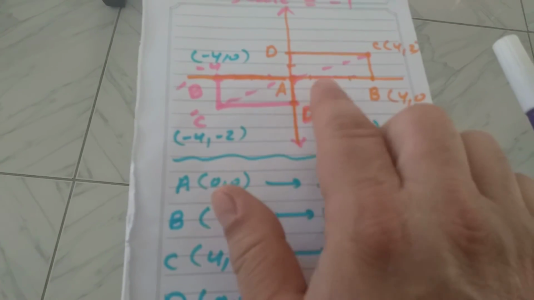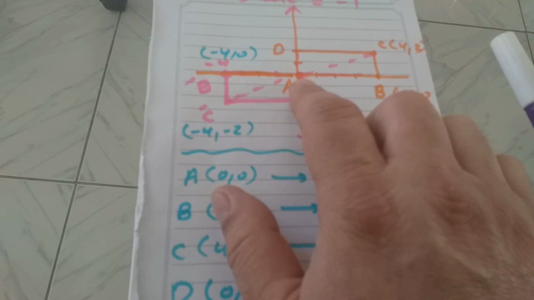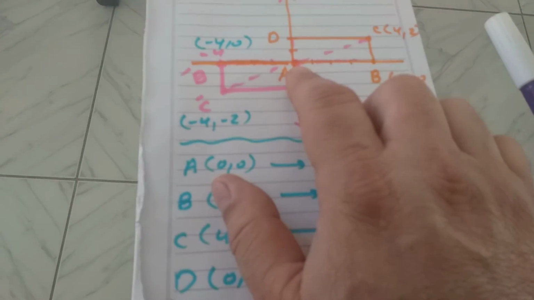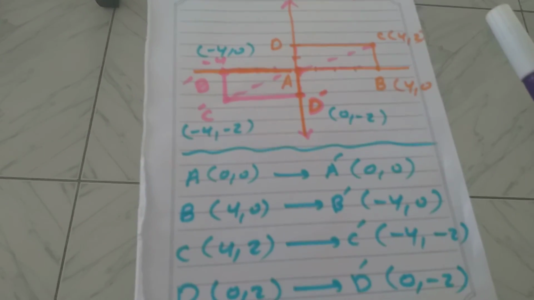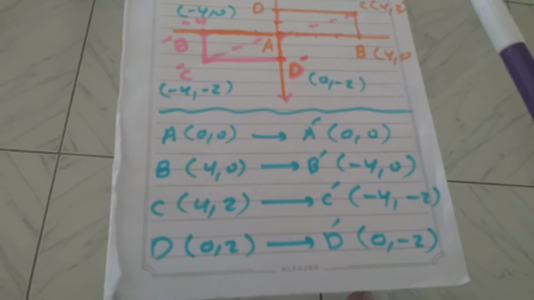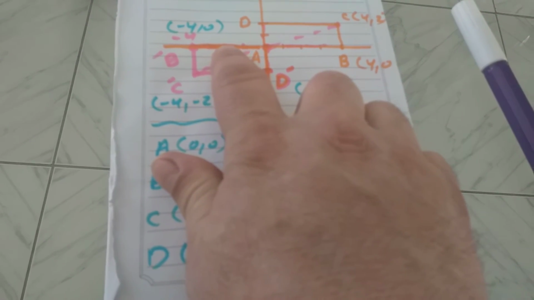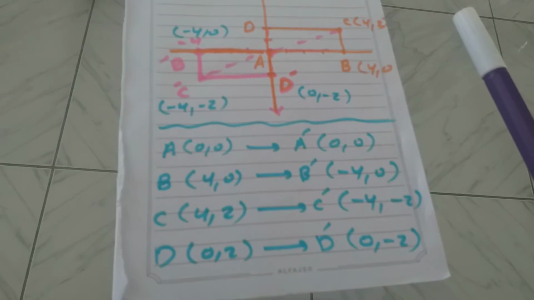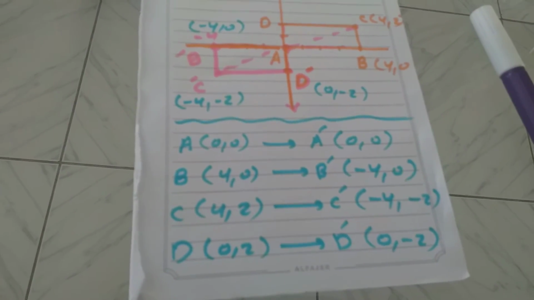It looks like it was reflected across the origin point, or sometimes we can say it is rotated 180 degrees. It doesn't matter. When I'm talking about this length, it's the same thing, 4, and this one is 2. So in this case, it was a dilation, and the scale factor was negative 1.